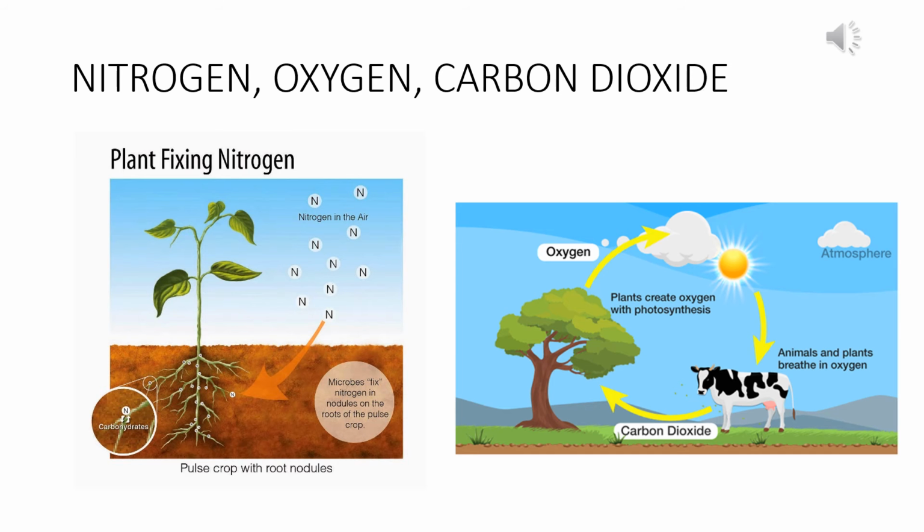Now we will look at the use or importance of all of these gases that are present in the atmosphere. First, we take up the gas which is present in the most amount, which is nitrogen. Nitrogen in the air is fixed by different bacteria called microbes in the root nodules of the leguminous plants, that is the pulses.